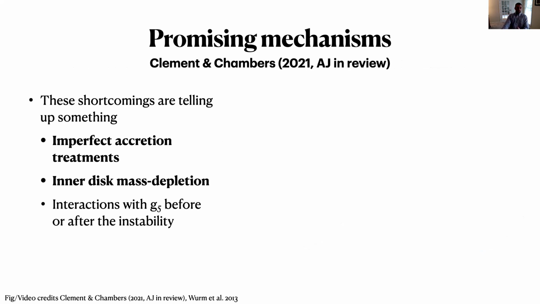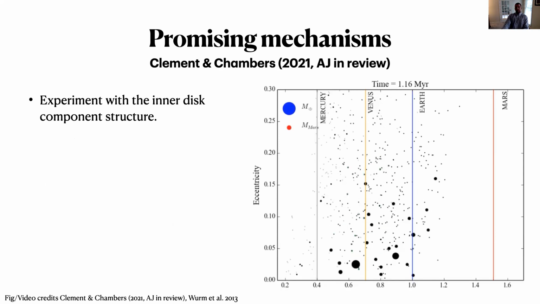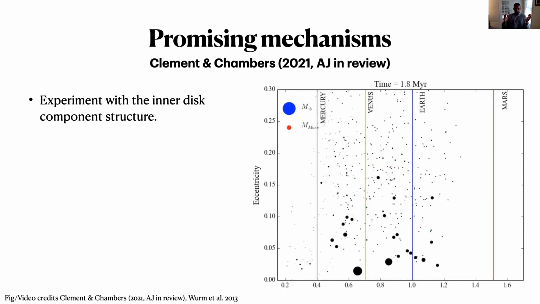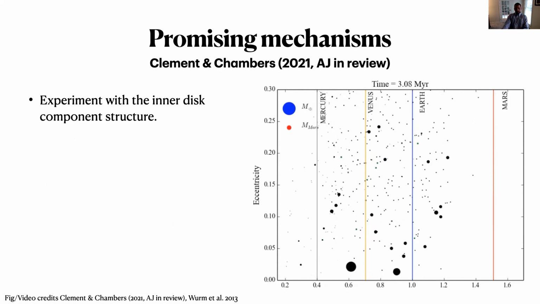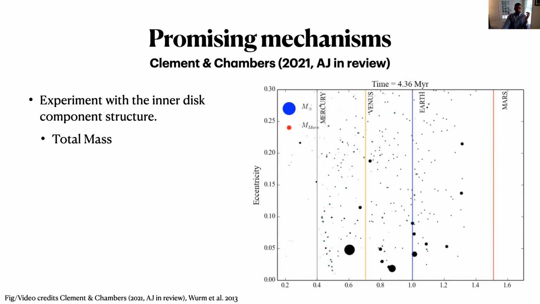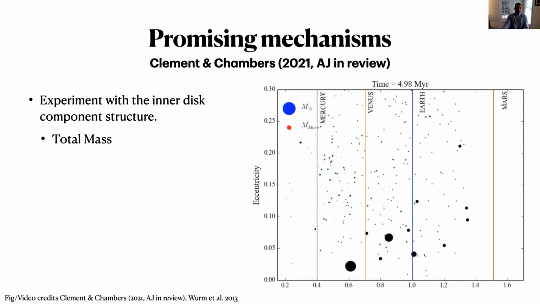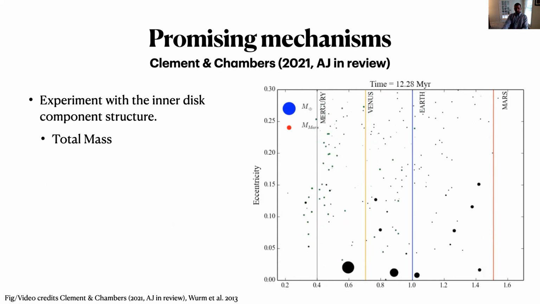And the first thing I'll talk about is the possibility of direct in situ formation from a mass depleted region of material interior to Venus. This video shows an example of a simulation that formed a very successful Mercury analog, and we were tracking collisional fragments in this video, again color-coded green. So we tried to do a broad parameter space search to find the structures of this additional component of material that best produce Mercury analogs.